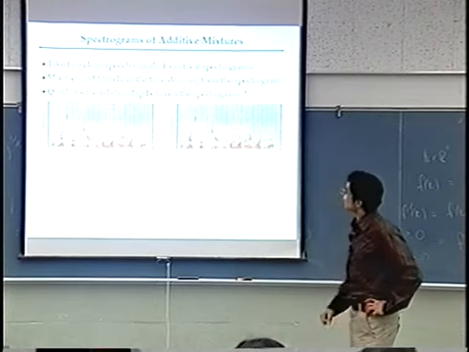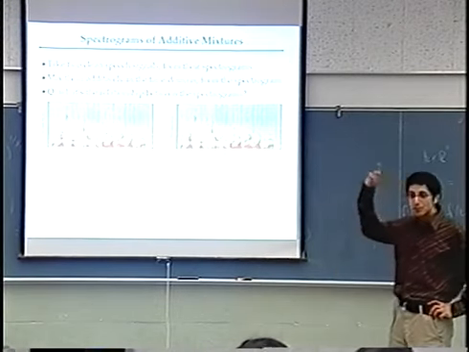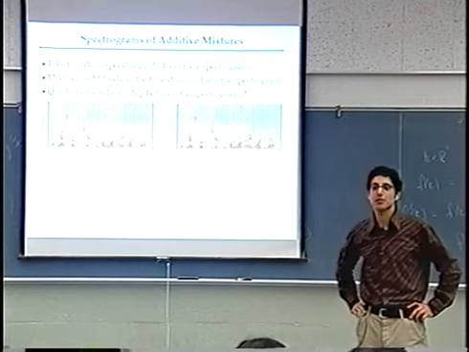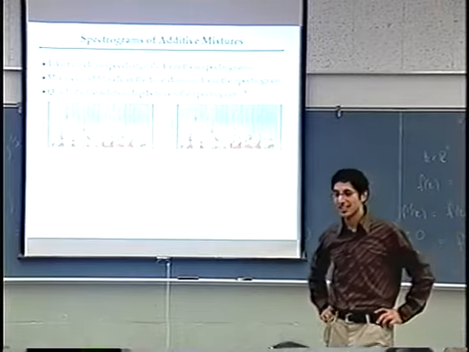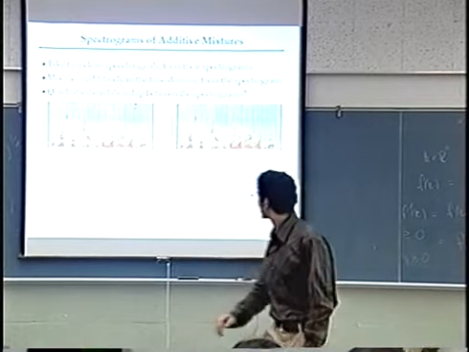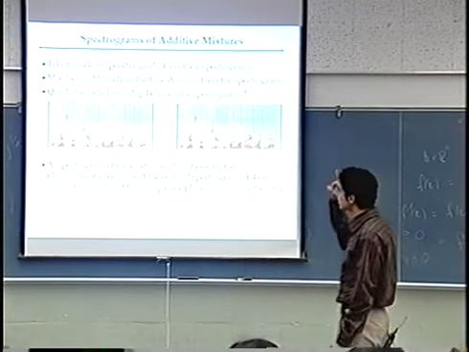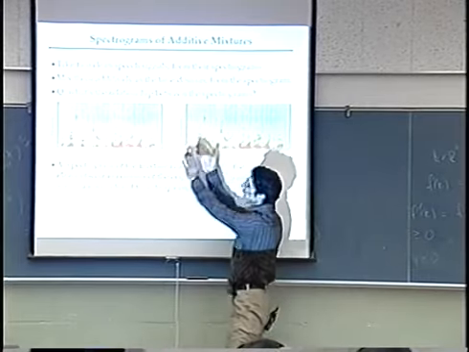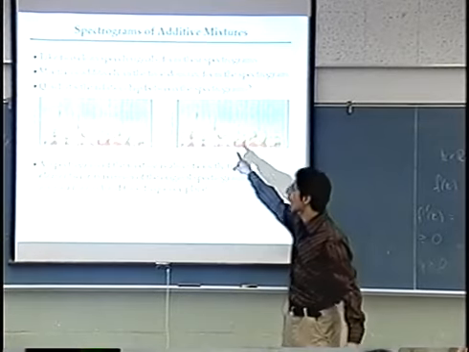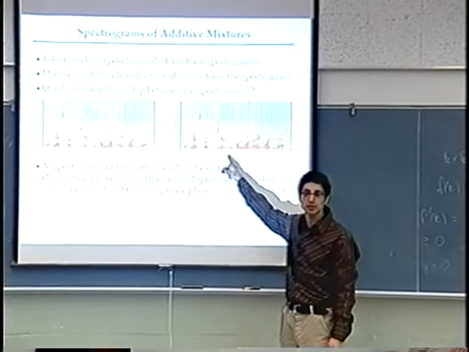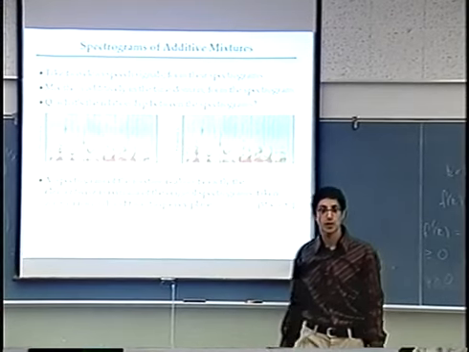Okay? What's the spectrogram of the mixture? So that's the question. And if you try this, you'll find out that the spectrogram of the mixture is almost exactly the element-wise maximum of these two.